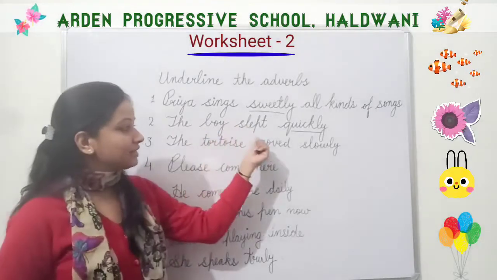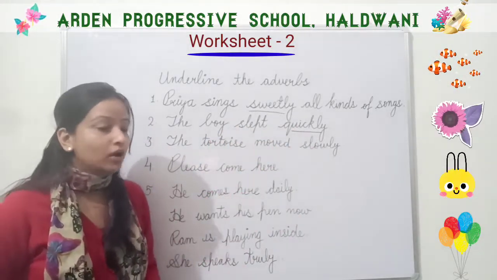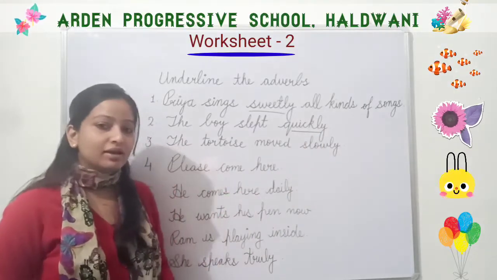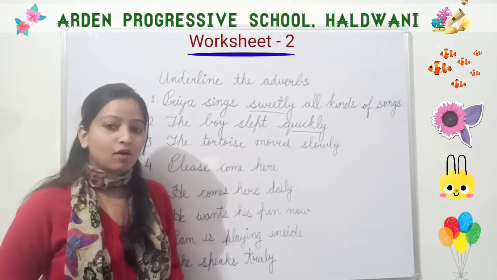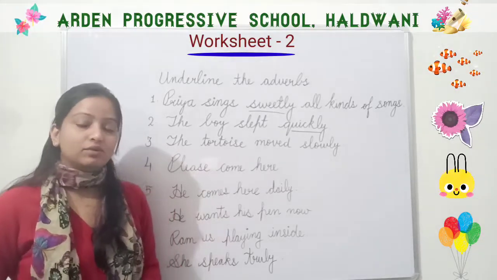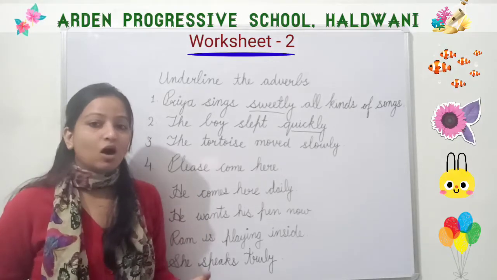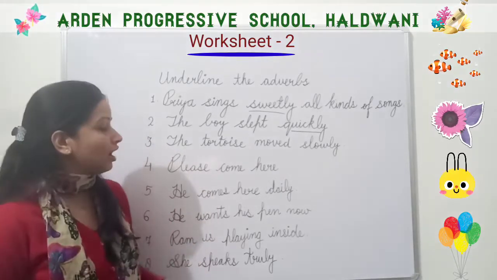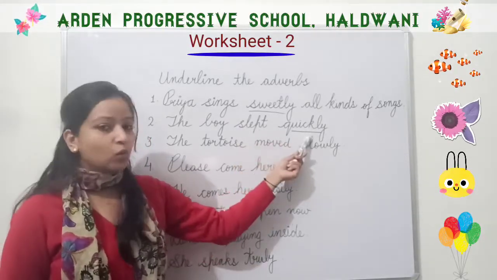The boy slept quickly. How? Quickly. So this is giving us the answer of how, hence it is an adverb of manner. As we know, an adverb of manner tells us how the action has been done. How did the boy sleep? Quickly.